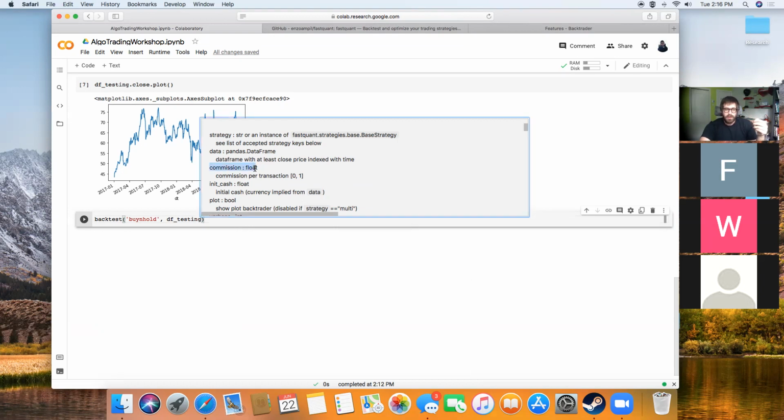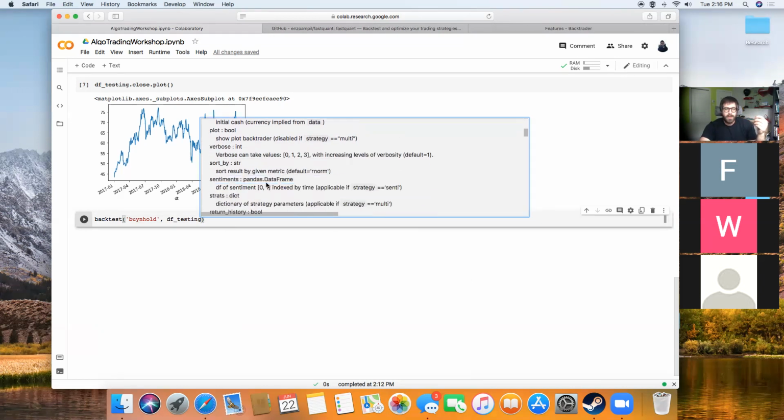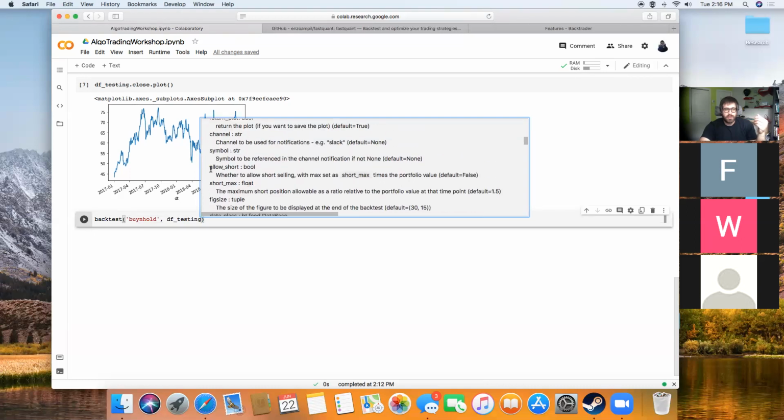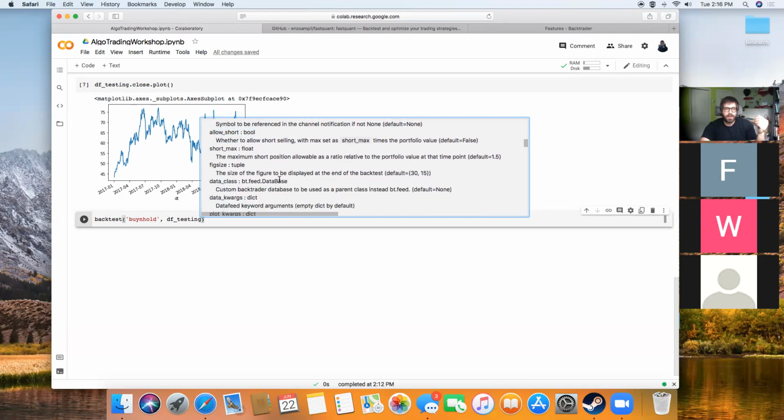So we're going to use a commission fee of 0, just for the sake of playing around with this. But if you want a more realistic environment, you can change this commission. And there's the short option, whether to allow short selling, which I don't really know all the technicalities of in actual trading. This is where a finance person can help you understand these, but by default, it is false.